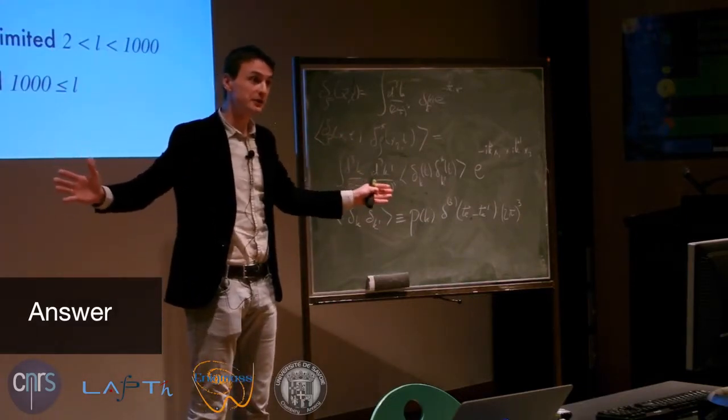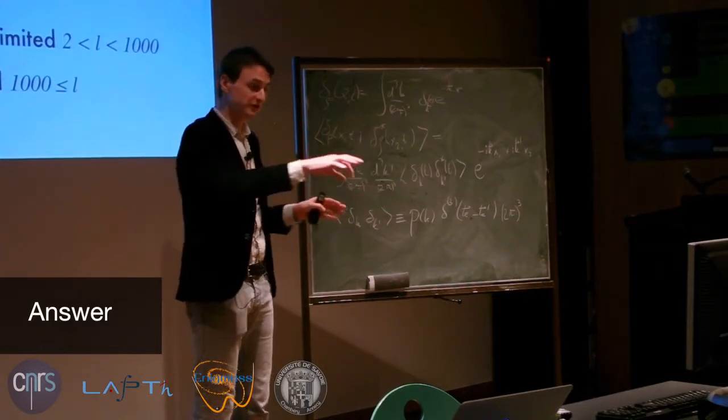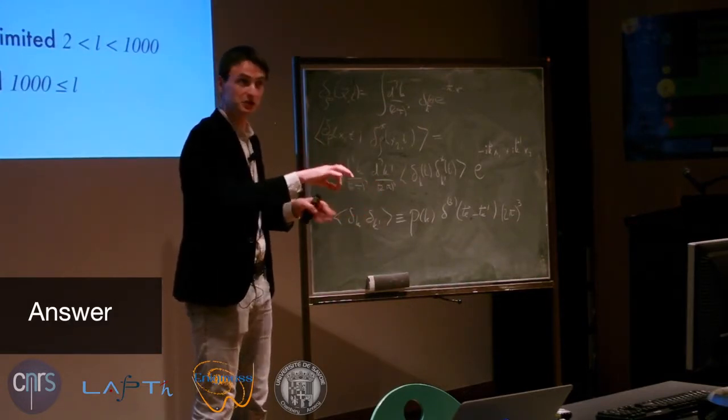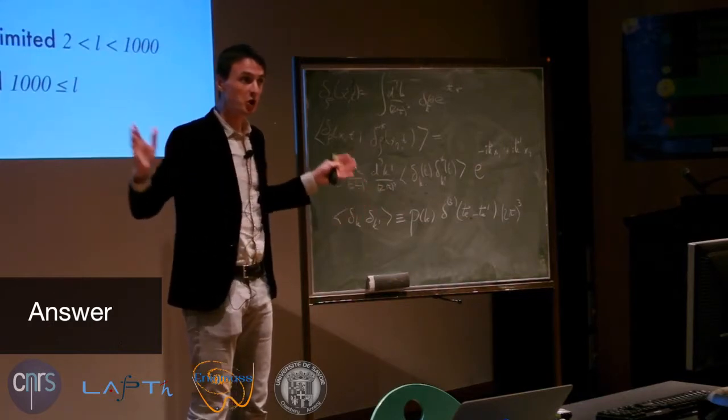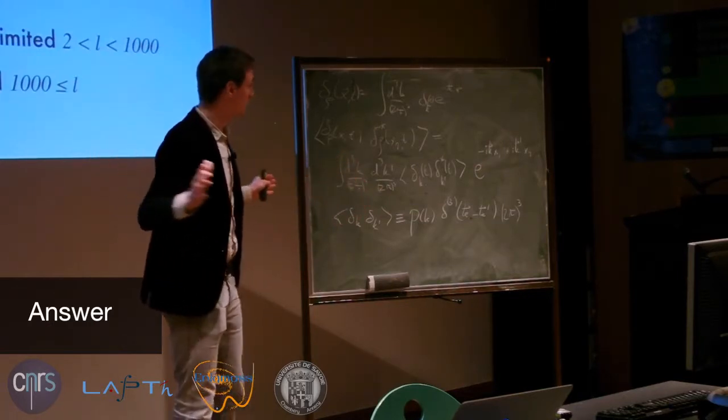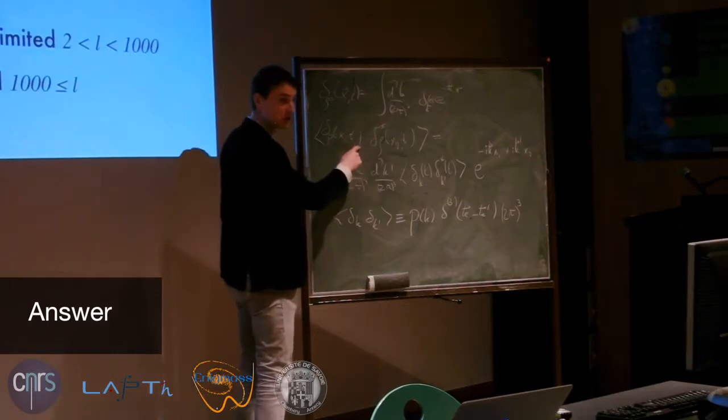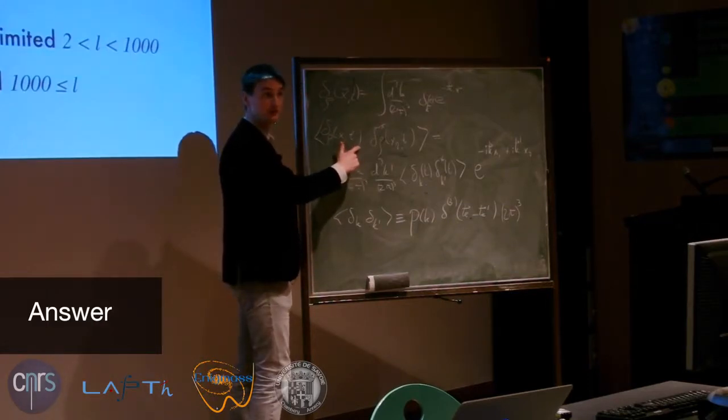And I told you that at one time the universe became transparent, and an observer sitting at the center of your coordinate system observes the photons that come from a sphere drawn in this 3-dimensional density perturbation field.